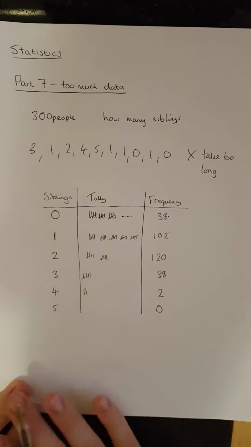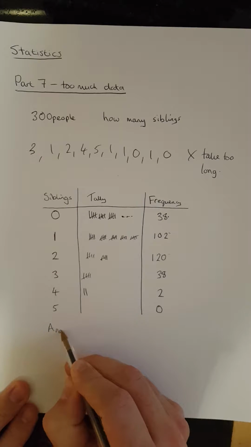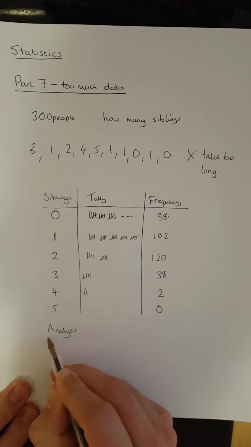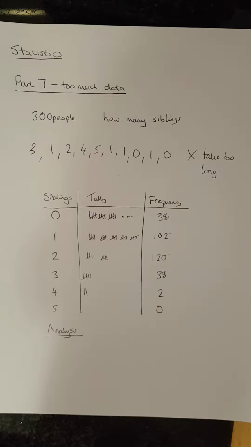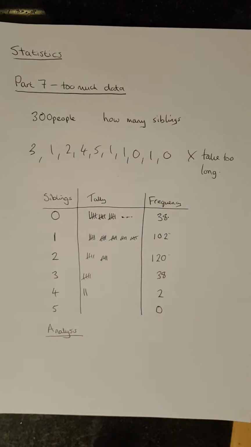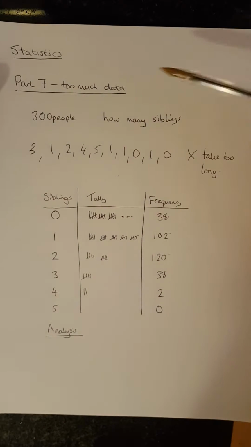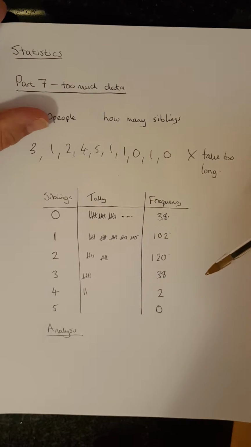Of course, now we're going to want to do some analysis within that. So, let's look at another set of data and do another frequency table for us to use.